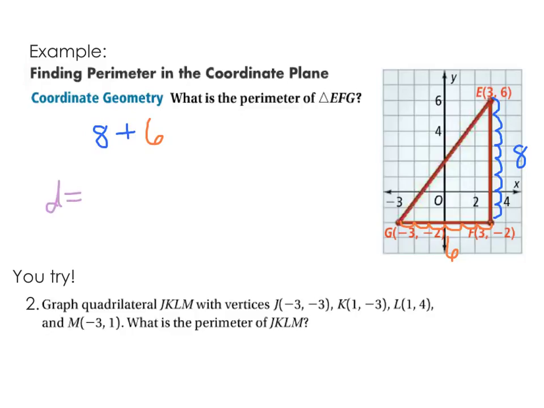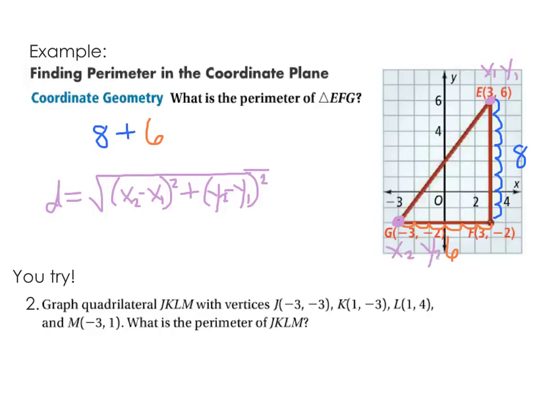Distance is equal to the square root of x sub 2 minus x sub 1, that quantity squared, plus y sub 2 minus y sub 1, that quantity squared. I'm going to go ahead and I'm looking from G to E. I'm going to call my E my x sub 1 and my y sub 1, and my G my x sub 2 and y sub 2.